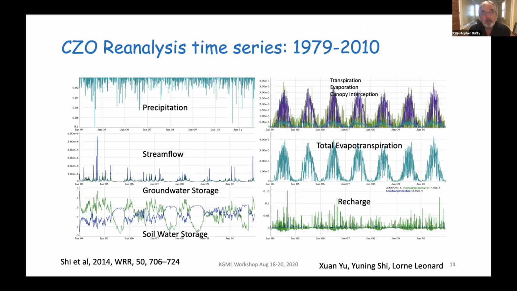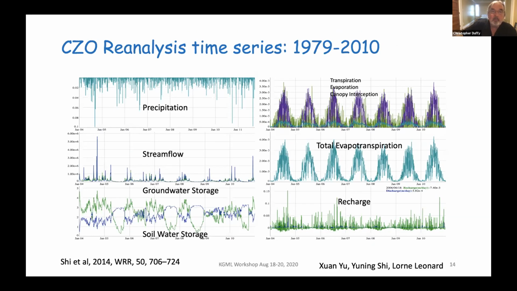What we did was run a data reanalysis for the later part of the record when we had the CZO data, and did an ensemble Kalman filter. That was Xiang Li's work in WRR, and estimated the hydraulic properties of soils with the data assimilation, and then other parameters as well.